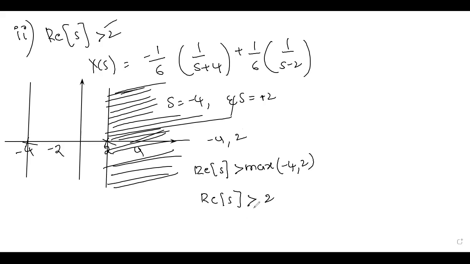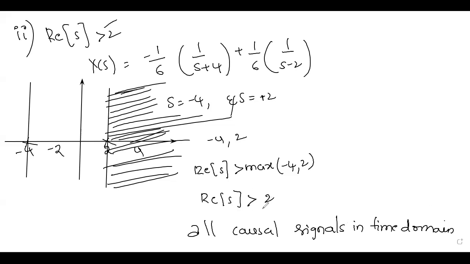Isn't it? So if real part of S is greater than maximum of pole values, means all causal signals in time domain we have to select. This is from the properties of ROC only.